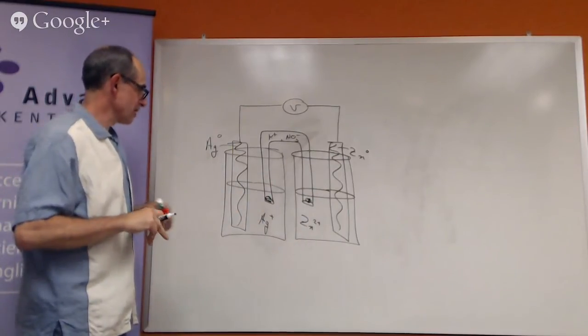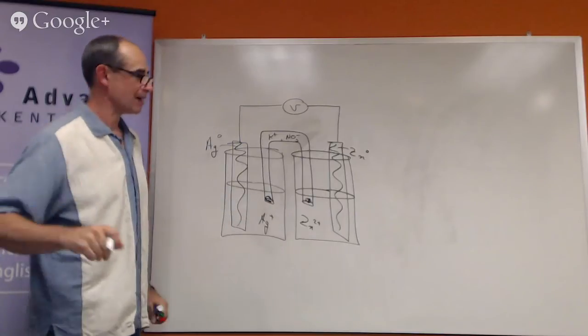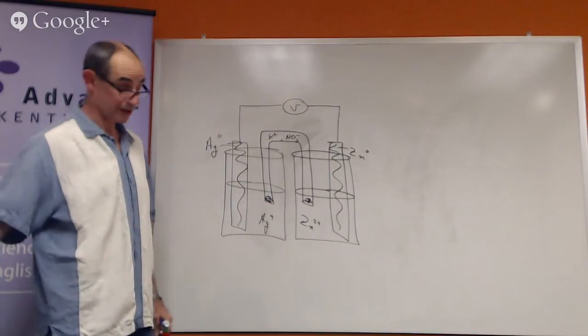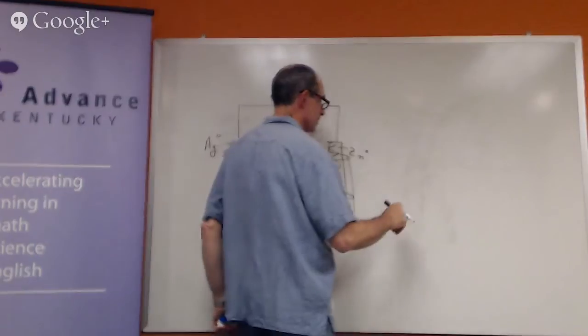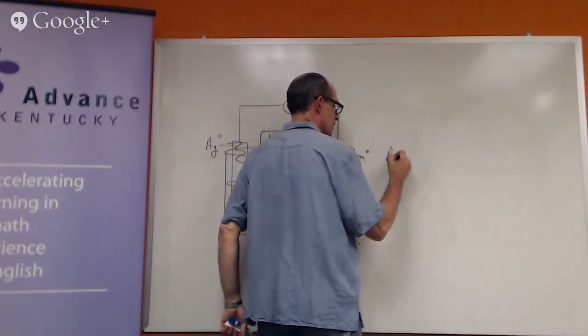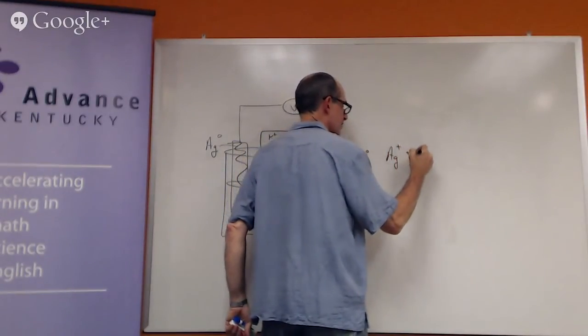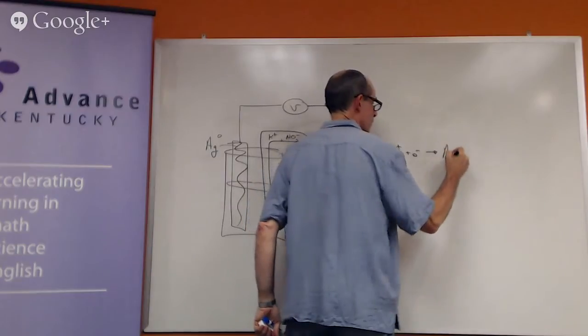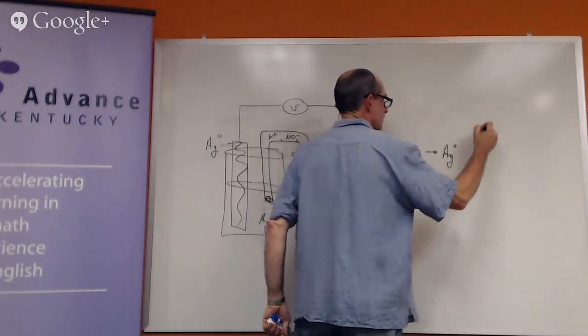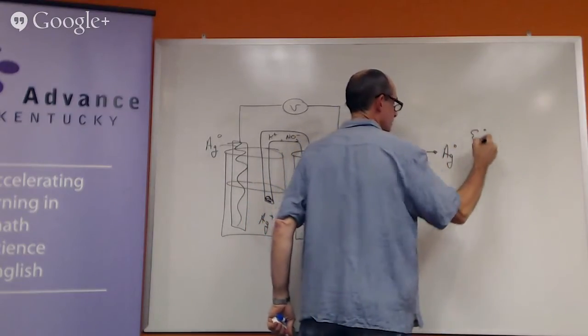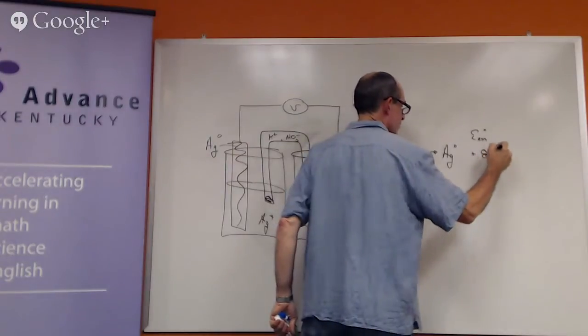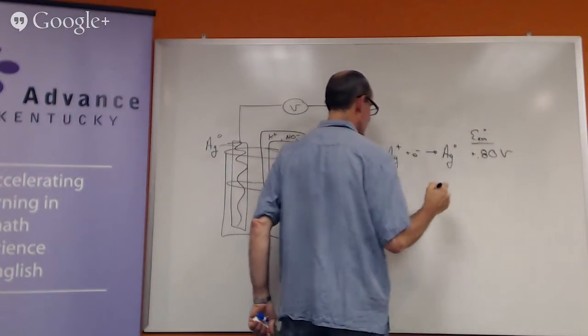In order to determine the net ionic equation, we need to know the reduction potentials for these species, and they were on the problem. You certainly do not need to memorize these, and I'll just put them over here since I happen to remember them. Silver ions gain 1 electron to form silver atoms with a standard reduction potential of plus 0.80 volts.